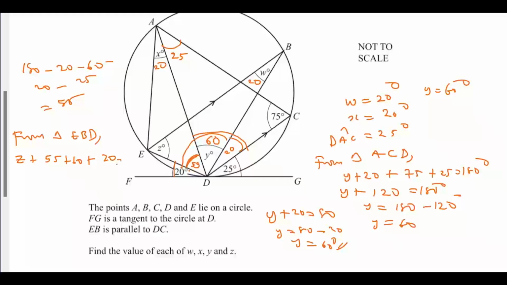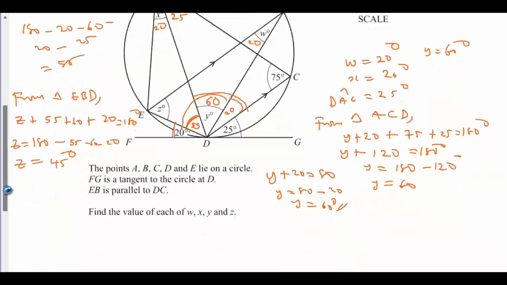Okay, so everything should add up to 180 degrees. So we can get Z to be equal to 180 degrees minus 55, minus 60, minus 20. So the value of angle Z should be equal to 45 degrees. So we are done with all the angles.